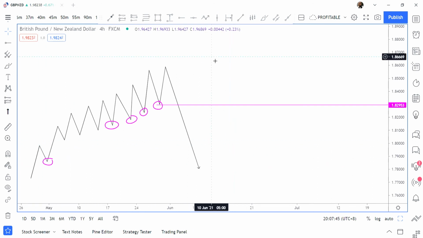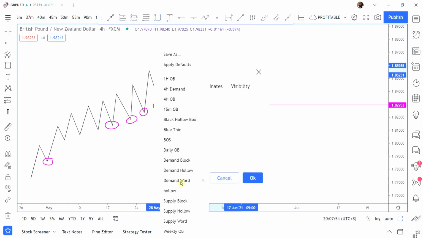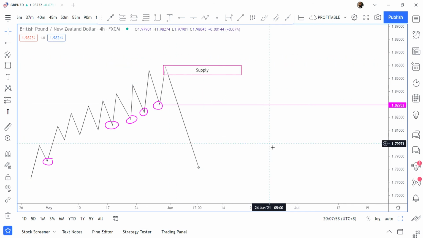And so when this happens, we know the price created here a supply zone. So let's do this. Right there, we created supply.